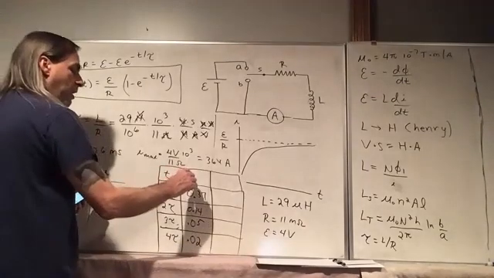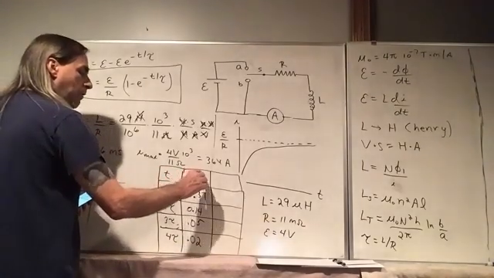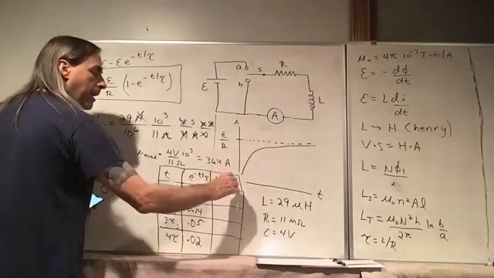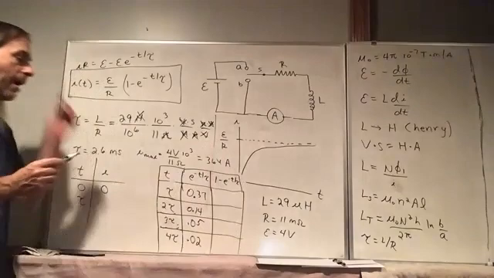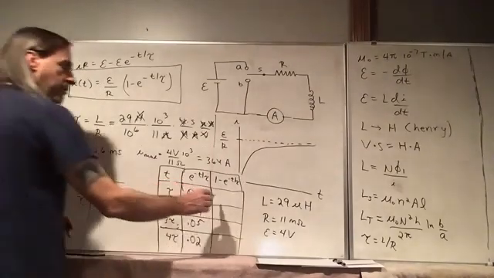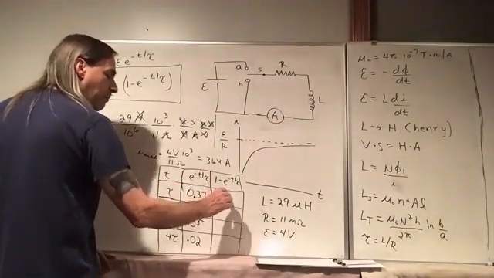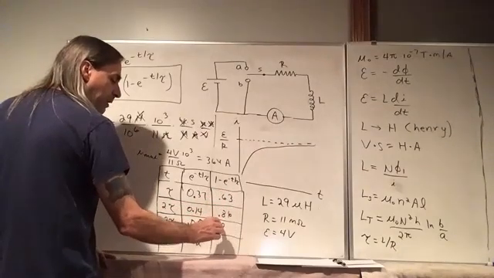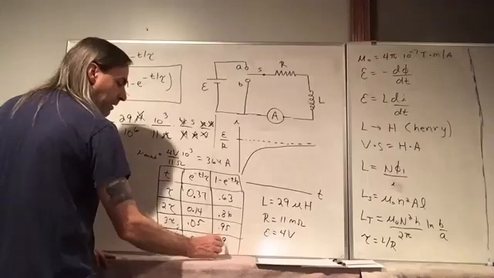So in this column, we have e to the minus t over tau. And here we have 1 minus e to the minus t over tau. So this would be 0.63, 0.86, 0.95, and 0.98.